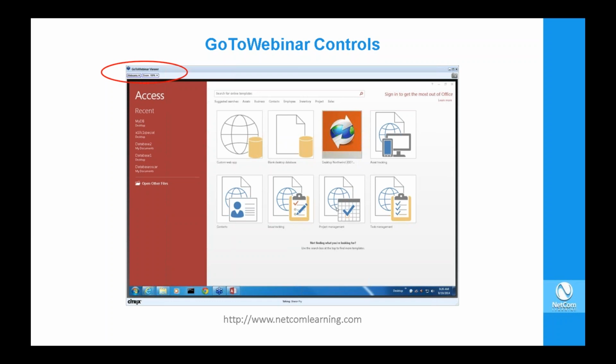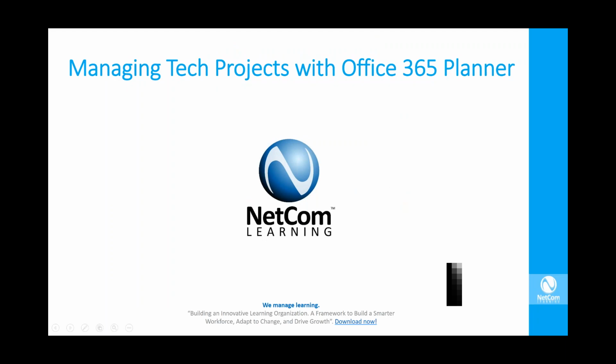The content that we're going to cover today is really around managing tech projects with Office 365 and its new application that it launched a couple of years ago in beta and then last year fully as Planner.